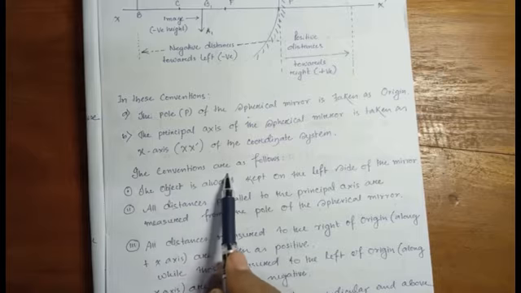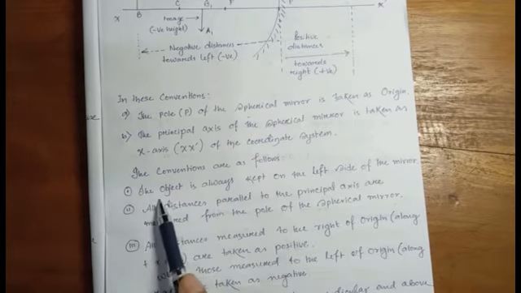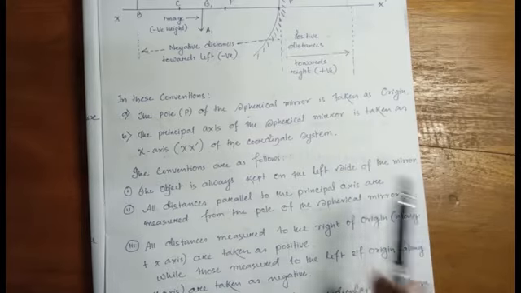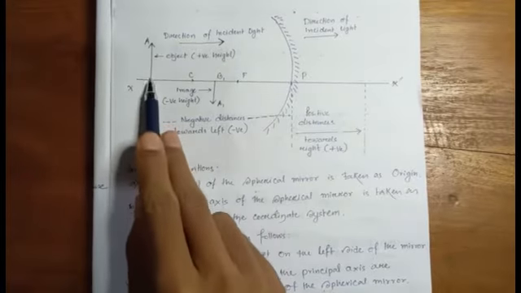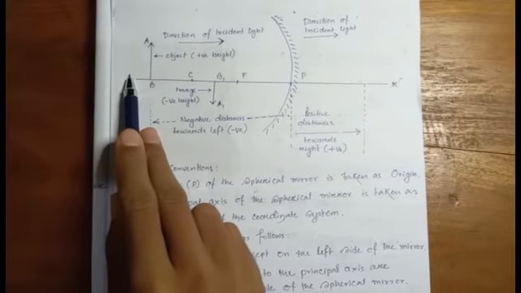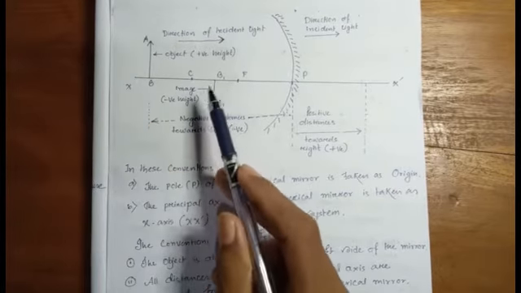The sign conventions are as follows. Number 1, the object is always kept on the left side of the mirror. You see here AB is the object, so we have to put the object always on the left side.